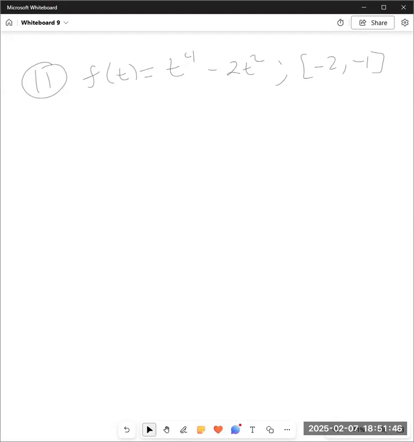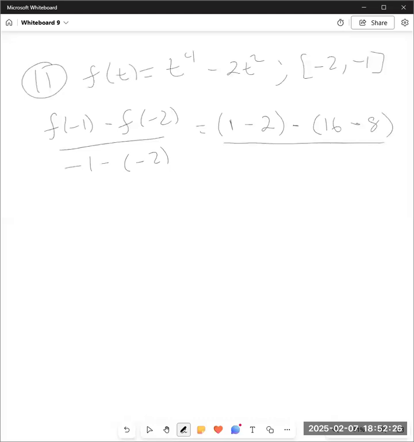And so I'm going to want to find f of -1 minus f of -2 over -1 minus -2. That is going to be -1 to the fourth is 1 minus 2 times 1 is 2, minus, and then -2 to the fourth is 16 minus 2 times 4 is 8, over -1 plus 2.